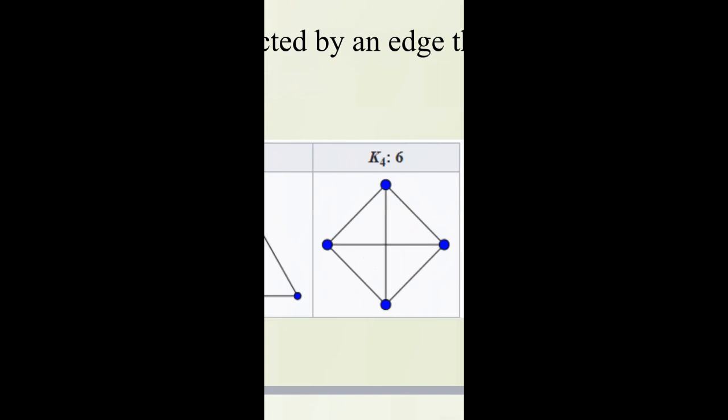For example, we have four vertices and we connect the first vertex with the second vertex, the first with the third, the first with the fourth. Similarly, the second vertex with the first, the third with the first, the fourth with the first. It means every vertex will be connected to every other vertex. Clear?